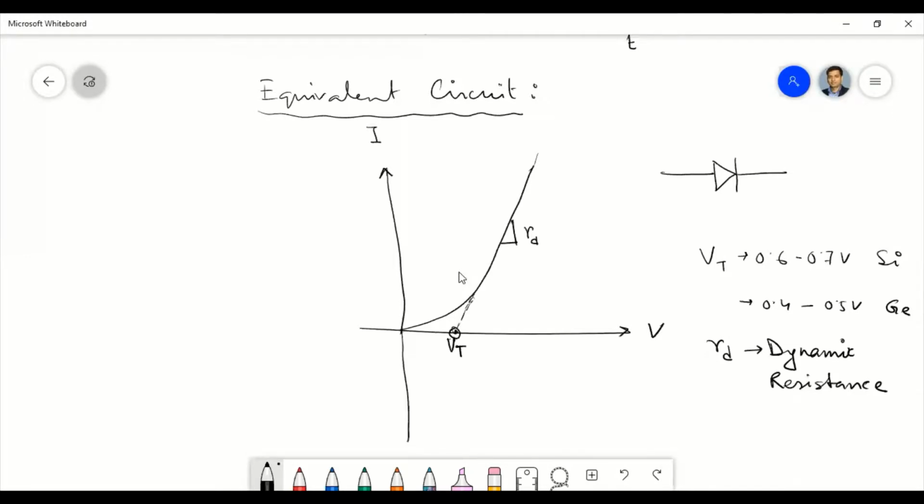Now, if we have these two things, and I want to represent the diode in the form of an equivalent circuit, what kind of linear elements will be there in the equivalent circuit?